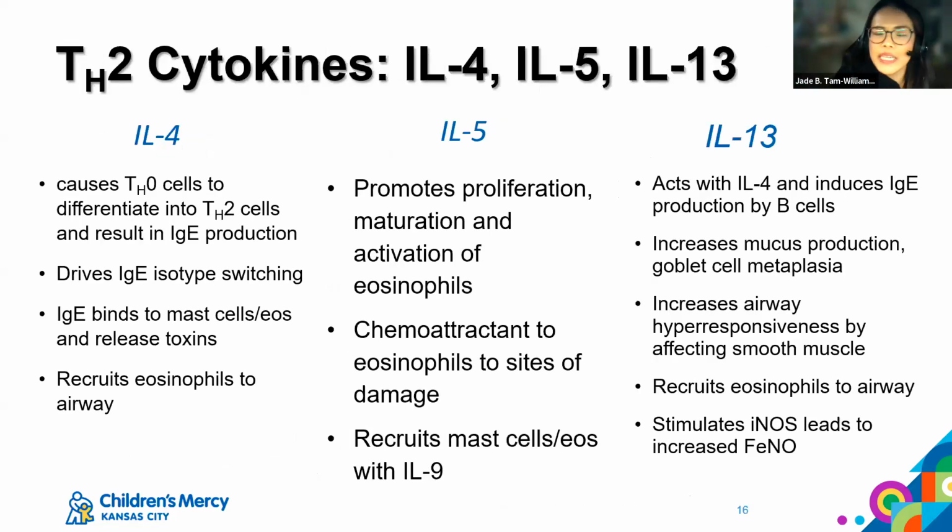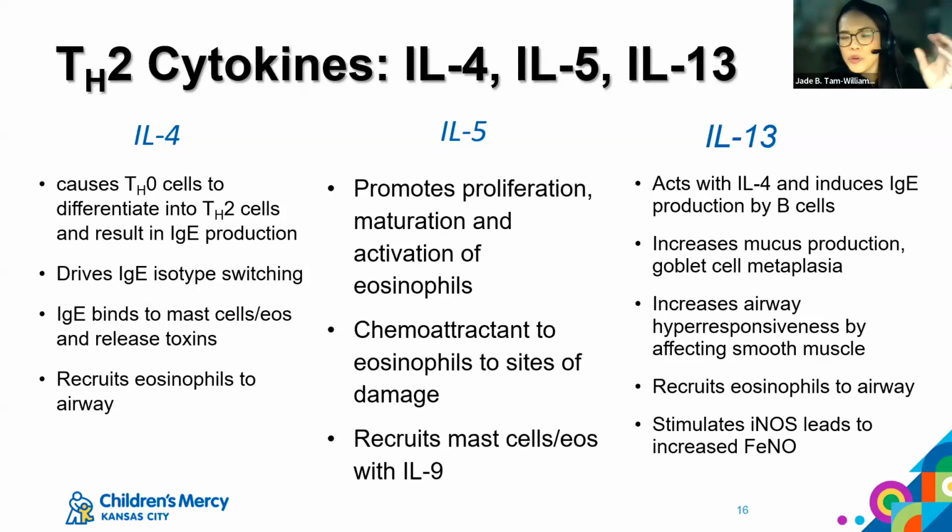And there are three right now that we spend a lot of time thinking about, and that's IL-4, IL-5, and IL-13. Each of these do similar but different things. So, for instance, IL-4 is a message that will start the process of turning a T helper lymphocyte that could be type 1 or type 2 into type 2s.